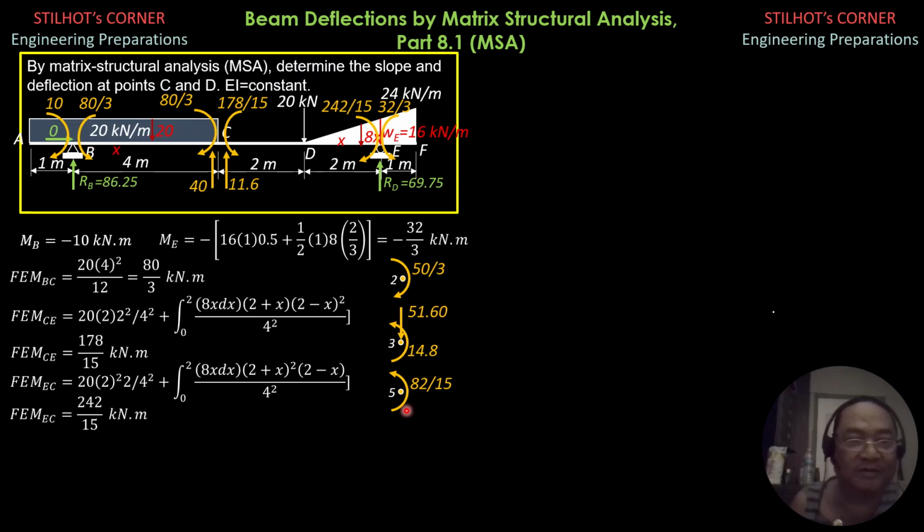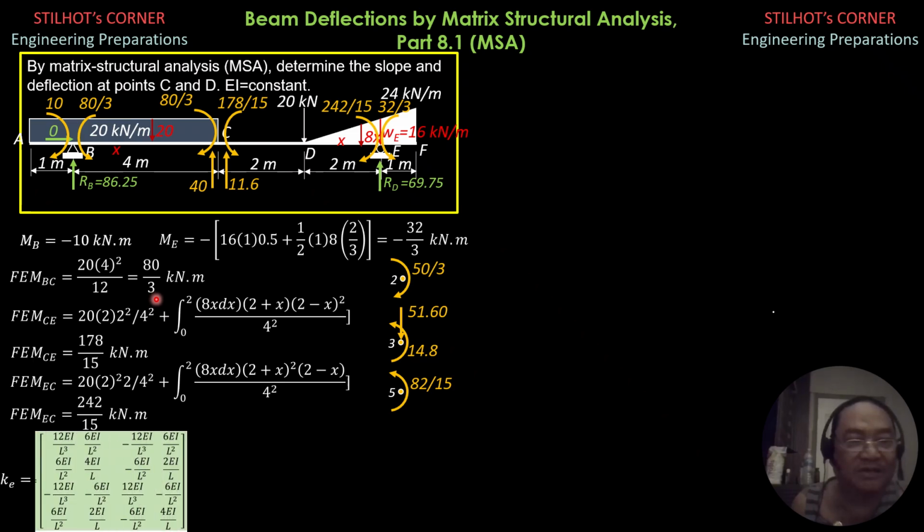So remember the stiffness of an element of a beam. It is EI times the quantity 12 over L cubed, or 12 EI over L cubed rather, then 6 EI over L squared, negative of the first cell. Then you just copy this. That's the first row.